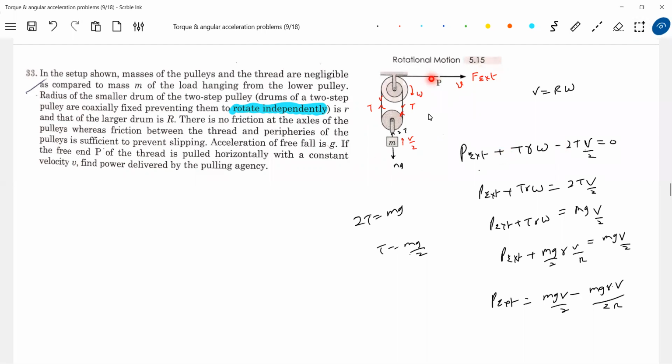As it is moved with a constant speed... Sir, constant speed, how will torque come? See, to maintain that constant speed, I should exert a force. So here the external agent will exert a force. That was the power generated by the external agent. Then here the tension does work on the shaft or this drum, because of that condition the drum will rotate. Then here gravity does negative work.